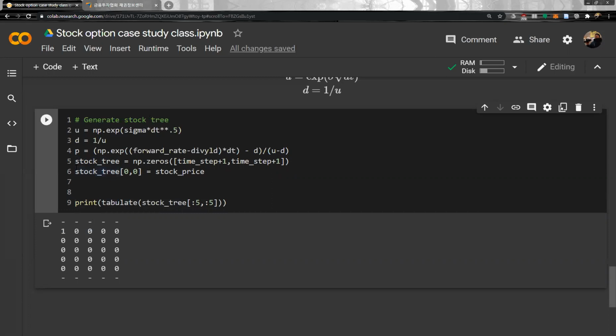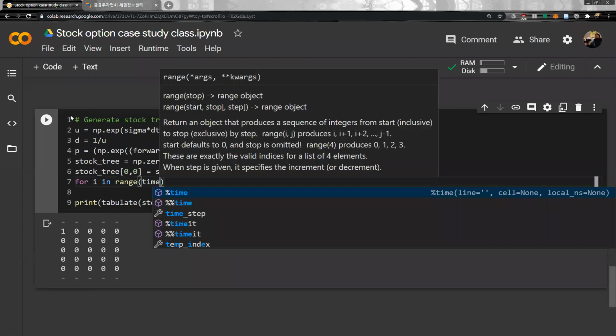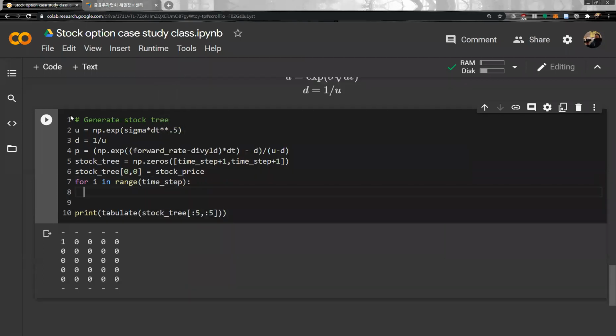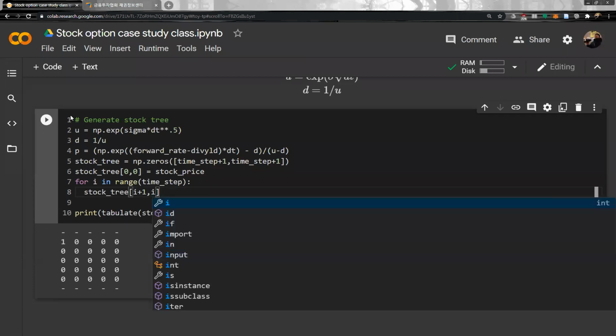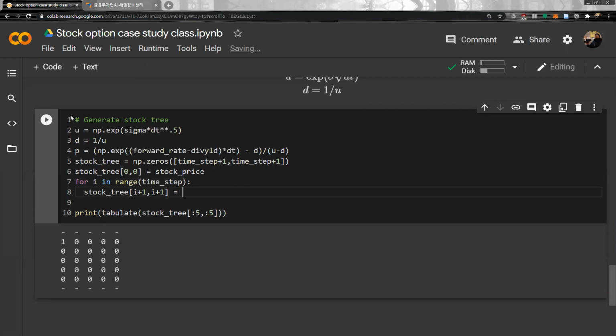For I in range of time step, stock tree at I plus 1 diagonal movement is stock tree at I going down.